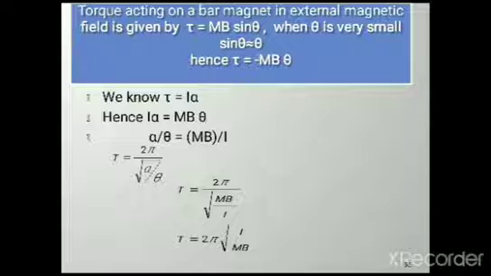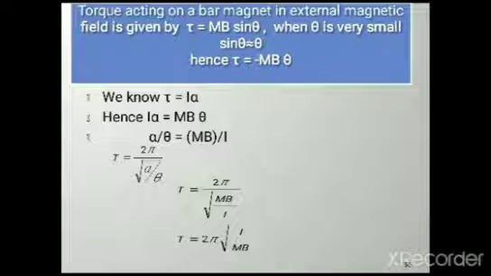But tau is equal to I alpha, so let us equate both the equations. I alpha is equal to MB theta. From this equation, alpha upon theta is equal to MB upon I. Hence, the time period of SHM is T is equal to 2 pi upon square root of alpha by theta. Let us substitute the value of alpha by theta.